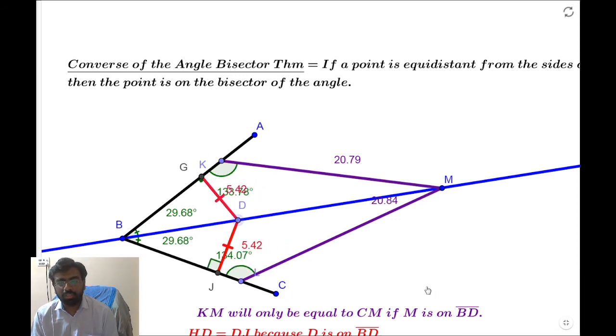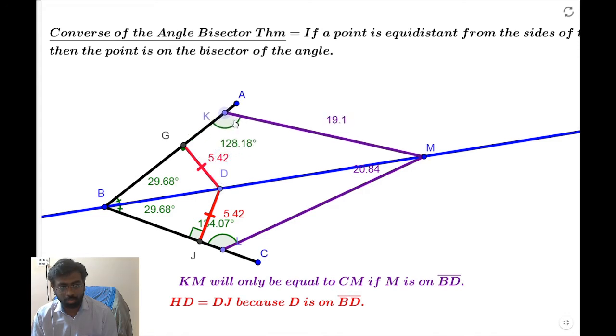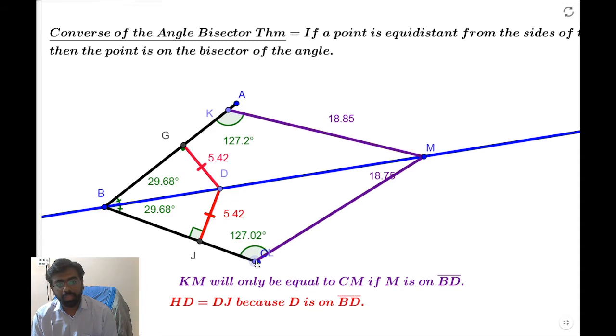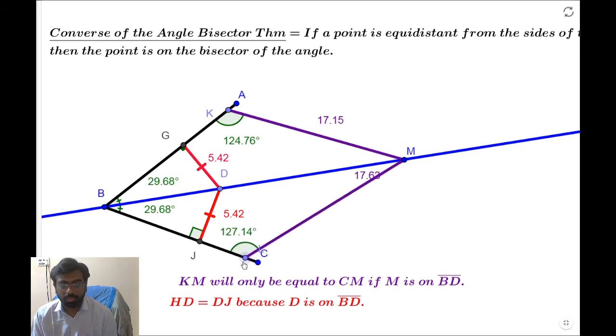Here there is a note given: KM will be equal to CM if M is on the line segment BD, and HD is equal to DJ because D is on the line segment BD. This is the observation to be taken.